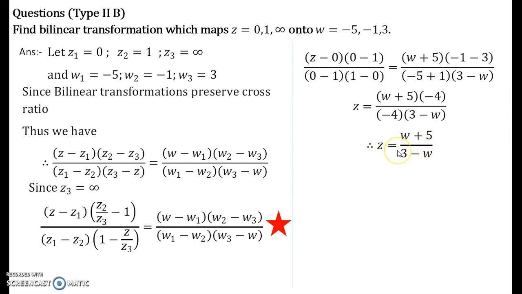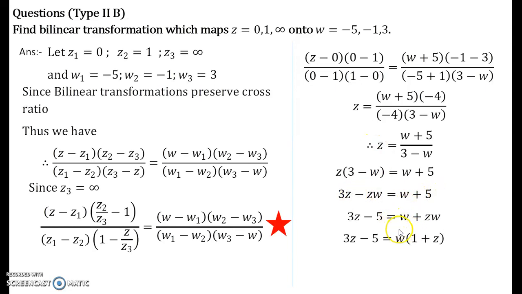So for that reason, I take the denominator and multiply it on the other side, then collect all the terms of w on one side, and then I solve it, and I get w equals 3z minus 5 divided by 1 plus z. This is my answer for the bilinear transformation that was required. So we have found the required bilinear transformation over here.